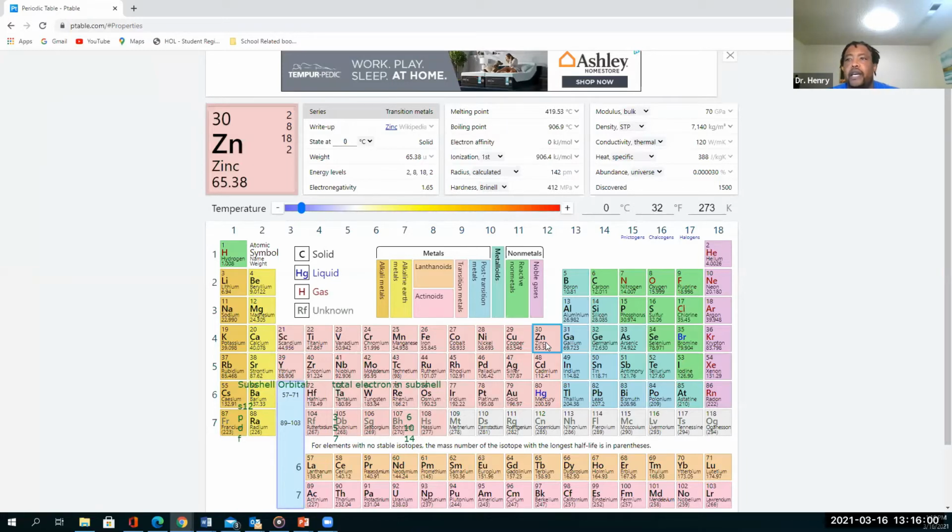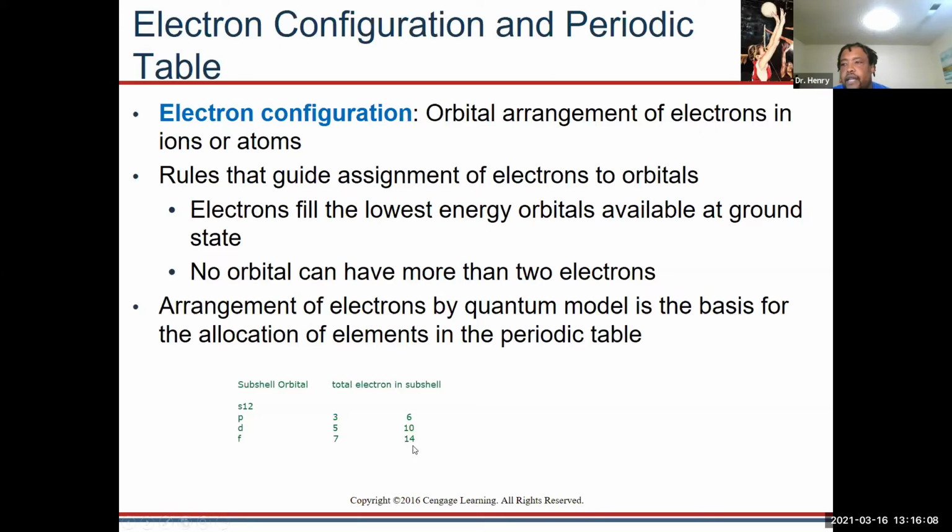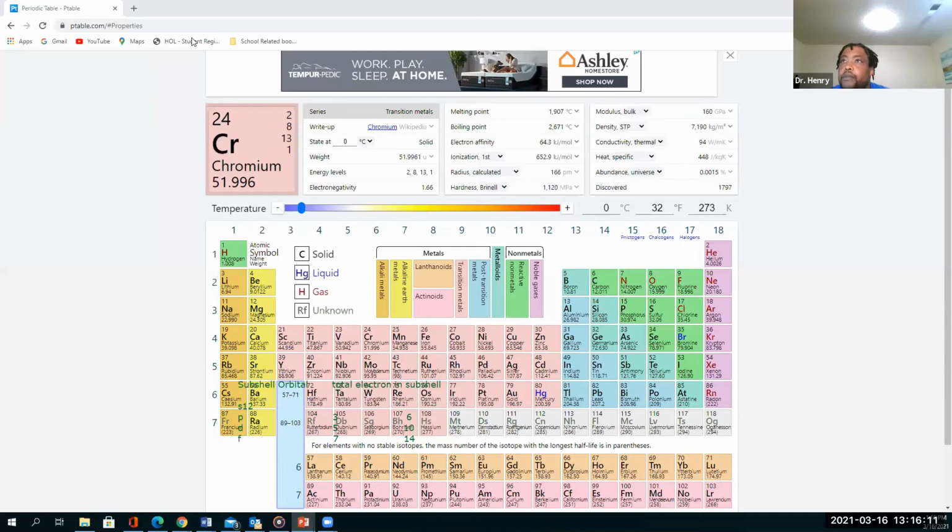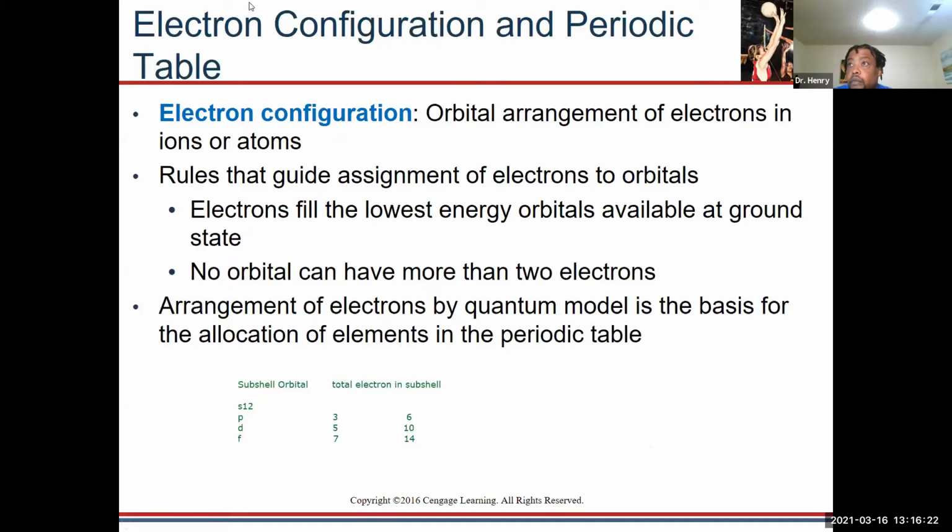So if we happen to start discovering more atoms and we end up going to the G subshell, how many orbitals would we expect the G to have? 9.